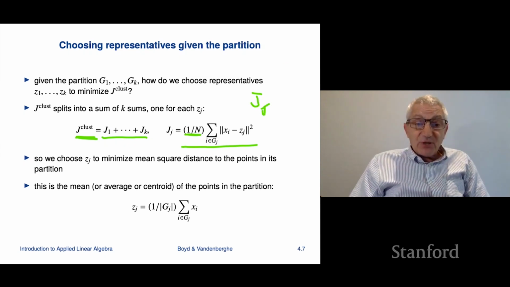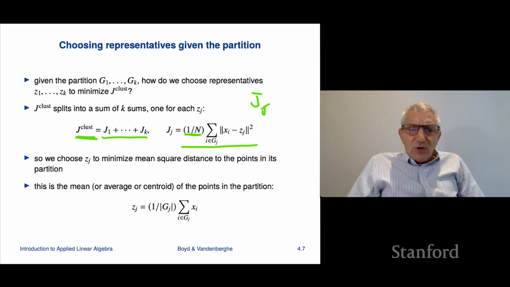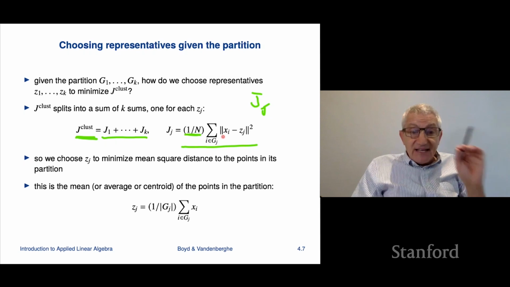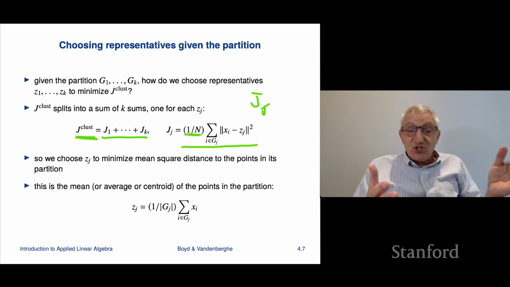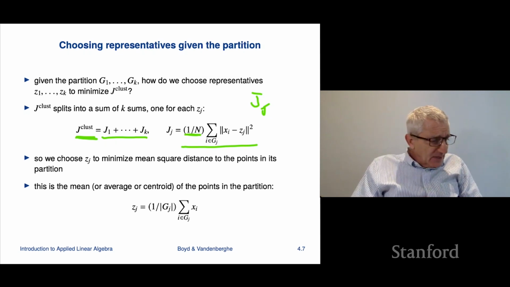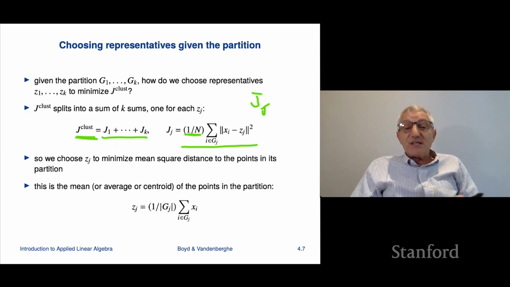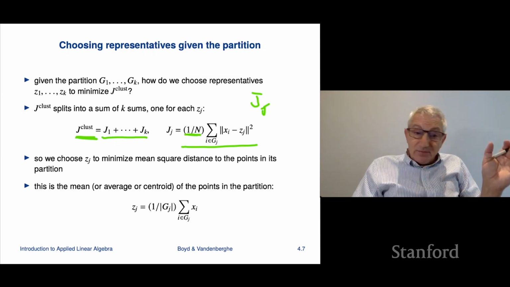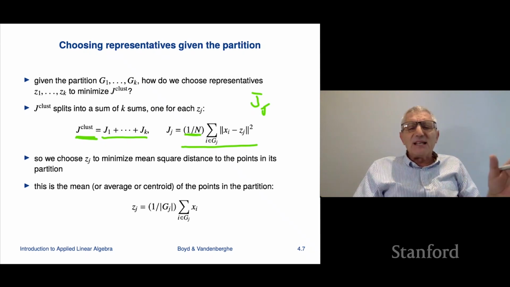And so we're left with the question, if I give you a set of vectors, namely the x_i's that are in partition j, in G_j, group j, then how do you choose a single number that minimizes the mean squared distance to them? Now that has a very simple solution, which, in the book we describe how to work it out, and it's completely intuitive.